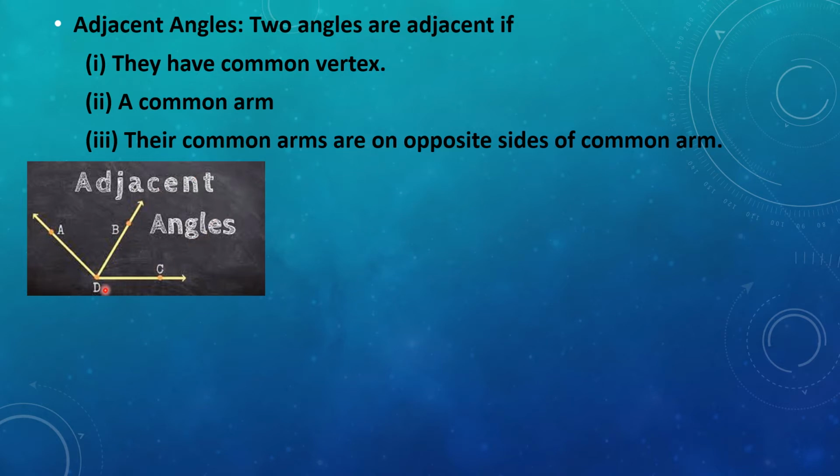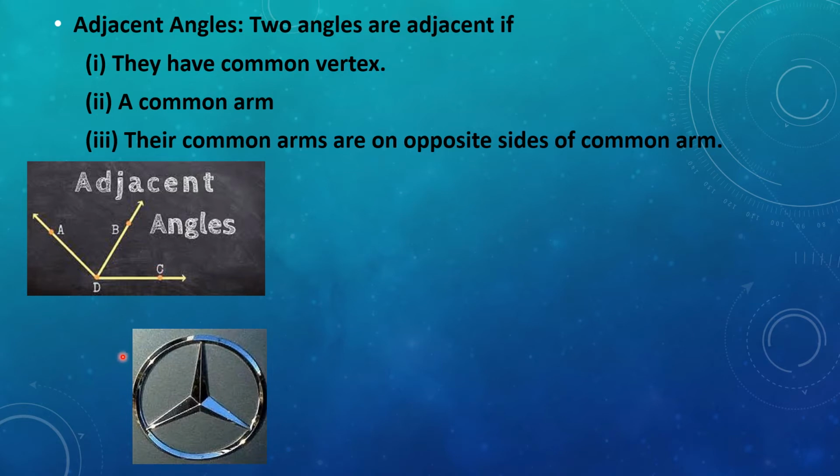Here DB is the common arm and the other two arms DC and DA lie on the other sides of the common arm. So these angles ADB and BDC are said to be adjacent angles.